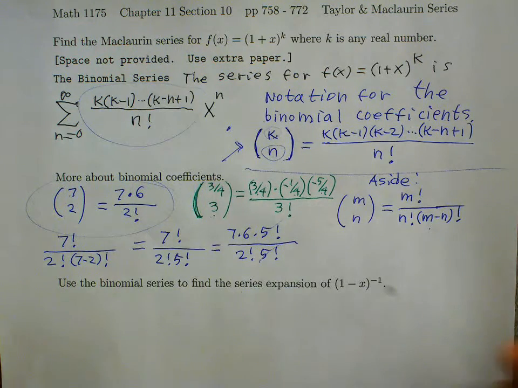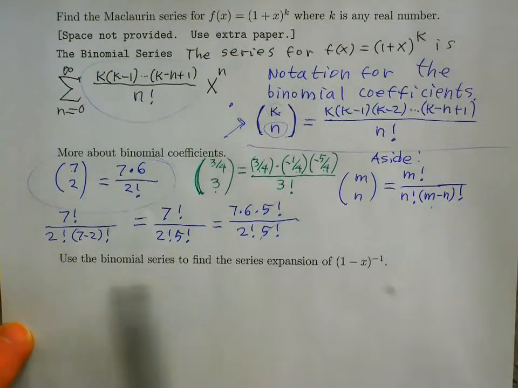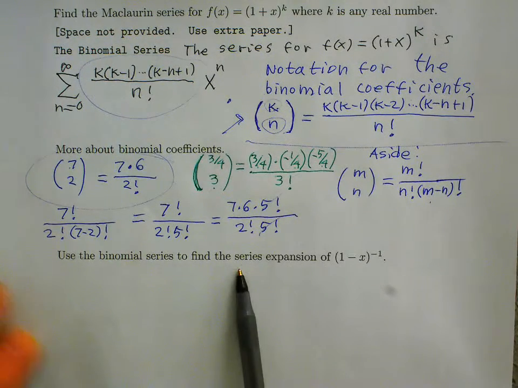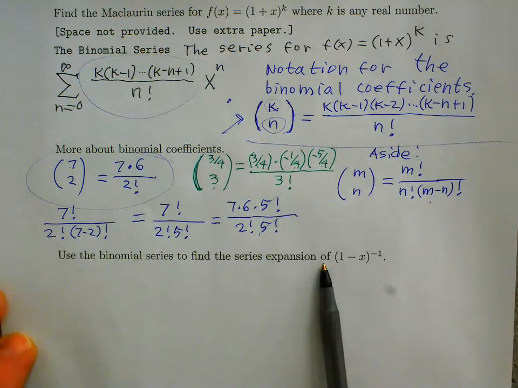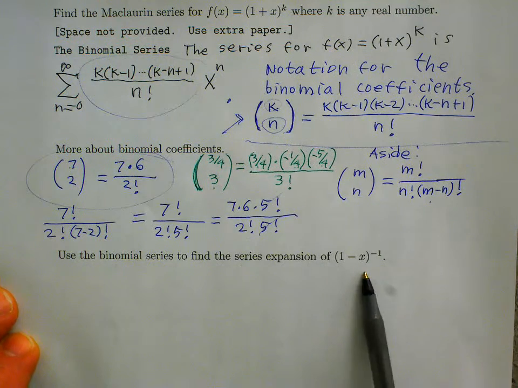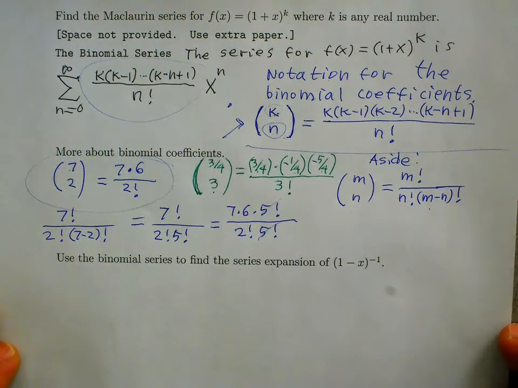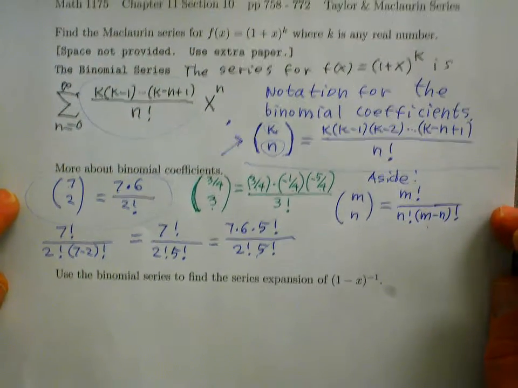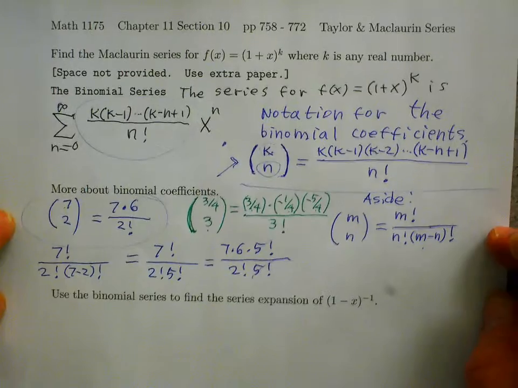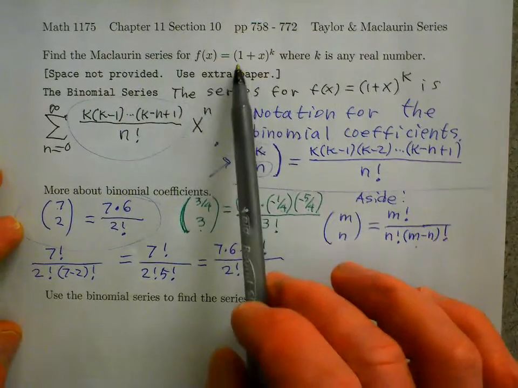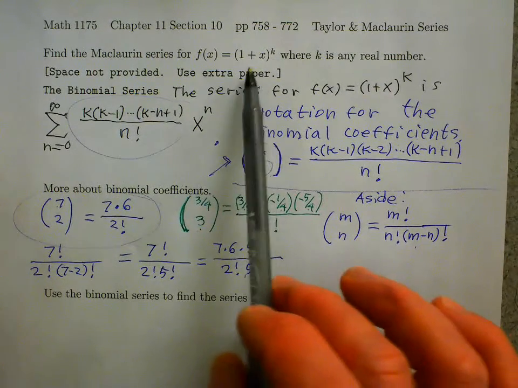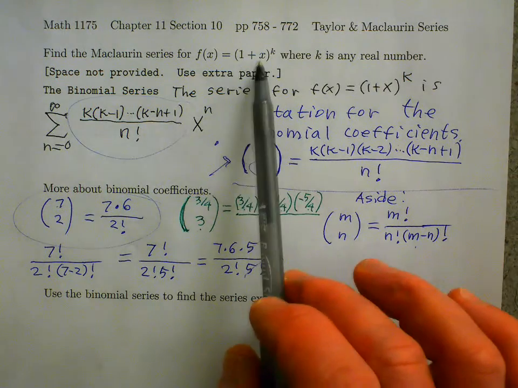Okay, so let's try it out. Use the binomial series to find the series expansion of 1 minus x to the negative 1. Okay, keep in mind, though, we derived a formula for the binomial series for 1 plus x to the k.